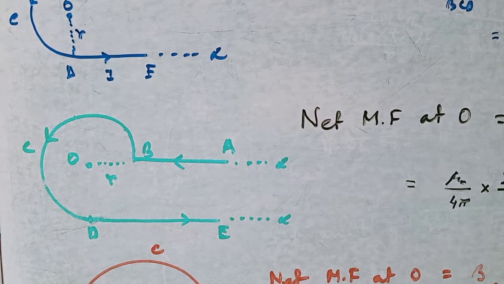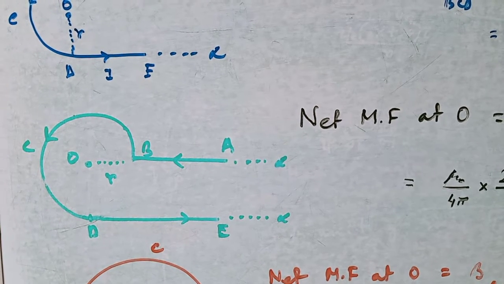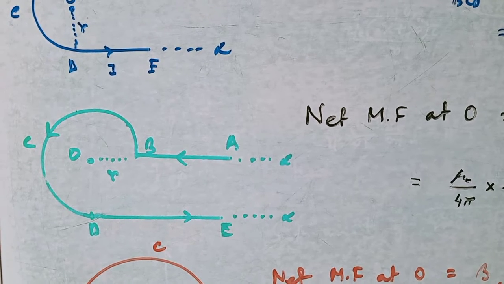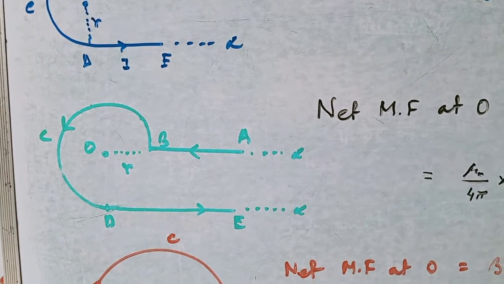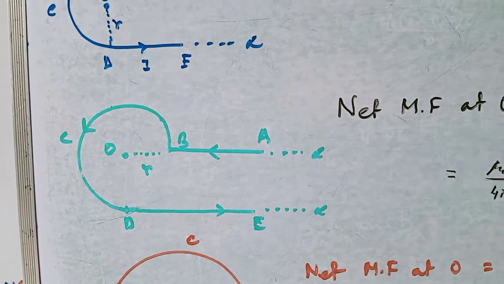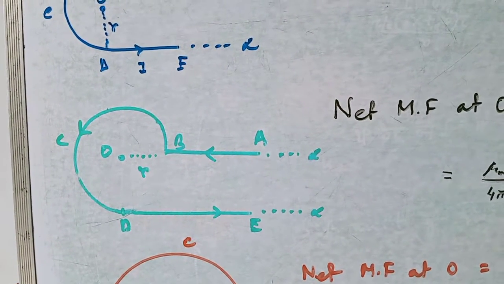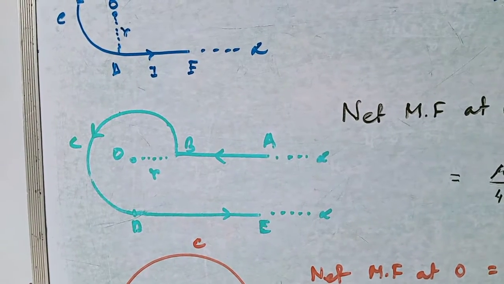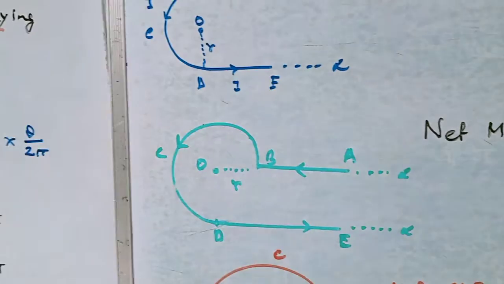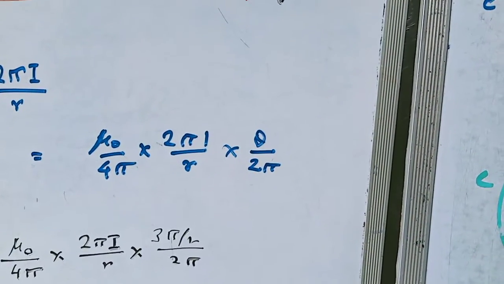So the net magnetic field at O will be equal to the magnetic field produced due to the linear extension AB, due to the linear extension DE and due to the arc, which is equal to 270 degree. The angle theta here is equal to 270 degree. So for arc BCD it will be mu naught by 4 pi into 2 pi I by r into theta by 2 pi.